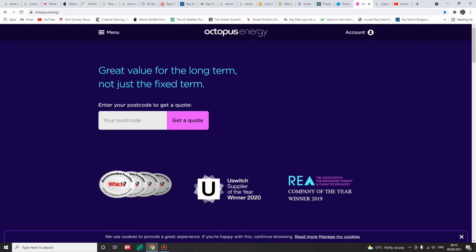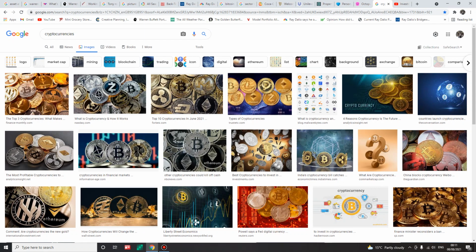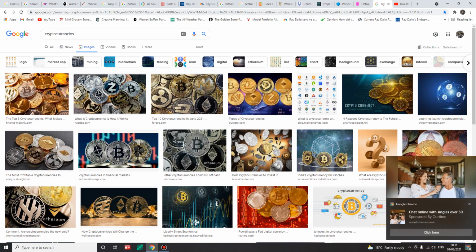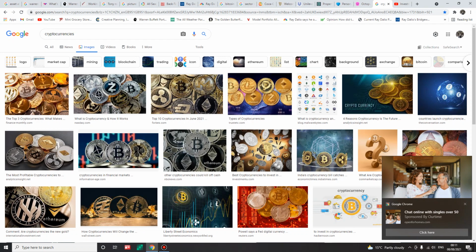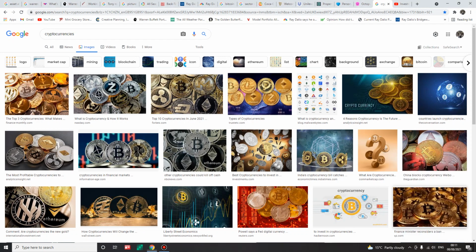And then crypto. Why crypto, and why not? Because with fiat money losing its ability to function effectively in our global economy because of excessive printing of money, inflation consequently looms large.